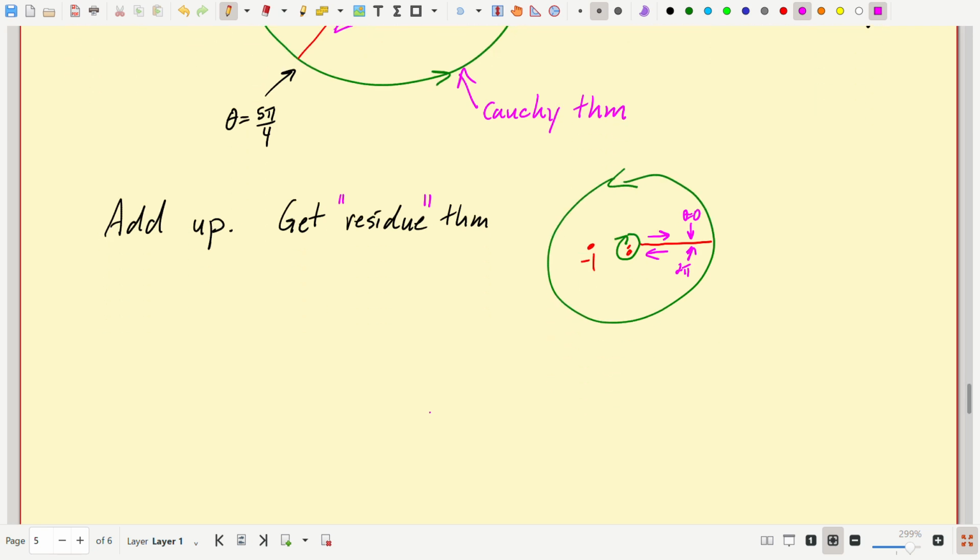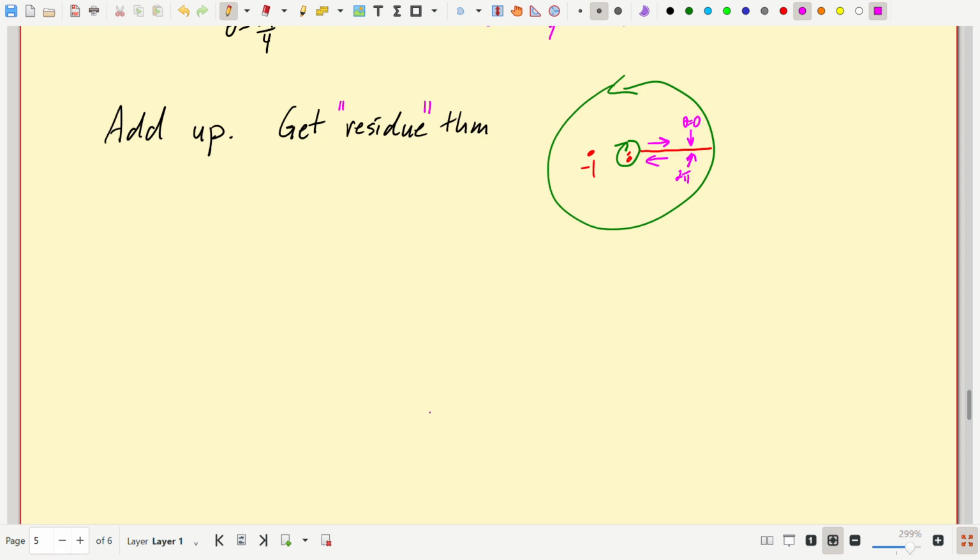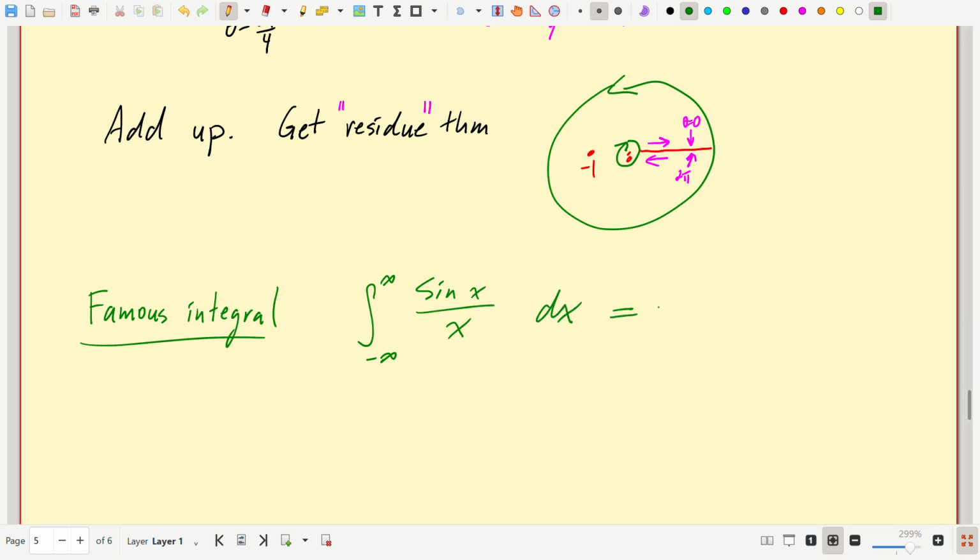Let's see. The next thing I want to do is a really fun example of a really famous integral using this technique. And it's the integral from minus infinity to infinity of sine x over x dx is equal to, you won't believe it, pi.